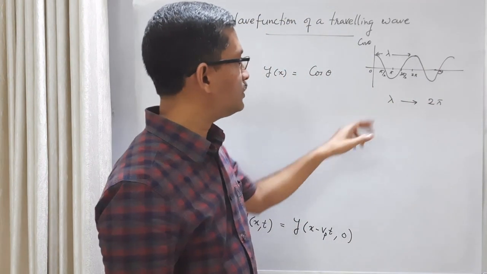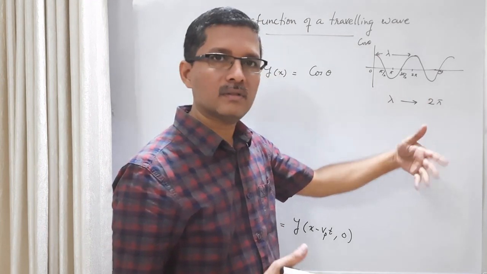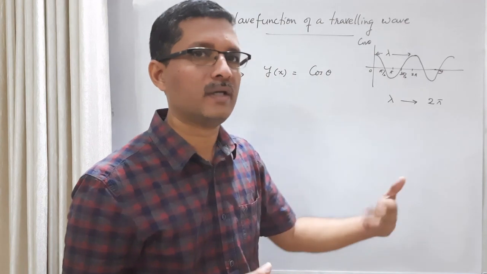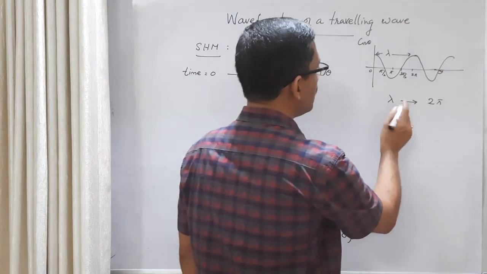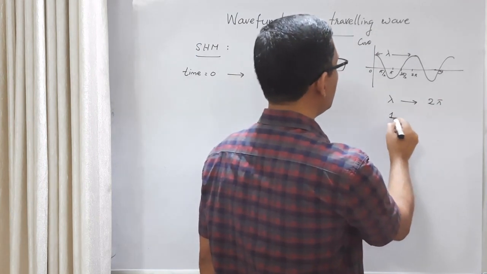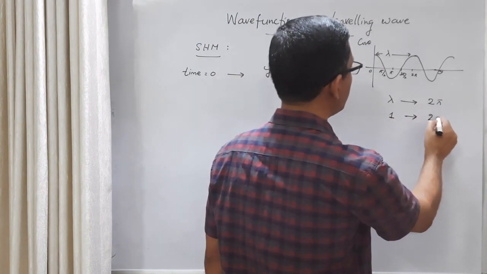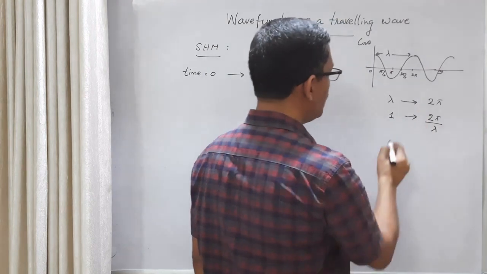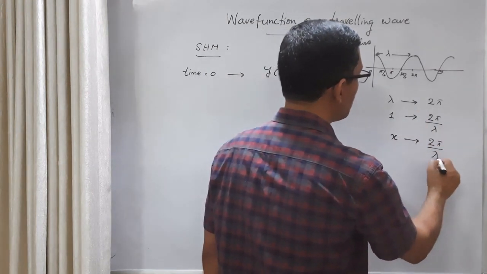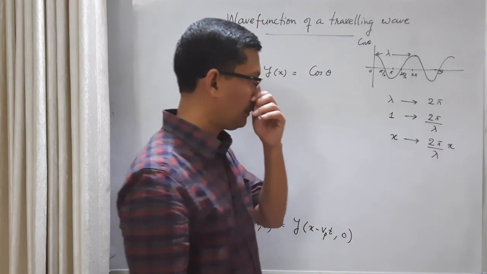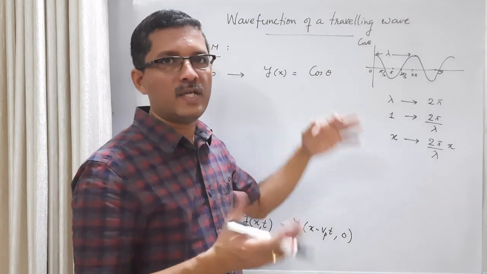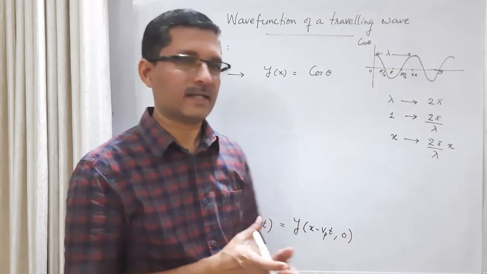This means that the cos function cos theta is periodic in 2 pi. After every 2 pi it repeats. So a length lambda corresponds to a phase angle 2 pi. So unit length corresponds to a phase angle 2 pi by lambda. Then a length x corresponds to a phase angle 2 pi by lambda into x. So this theta is nothing but the phase angle corresponding to a length x.